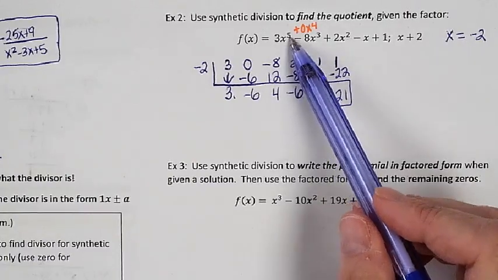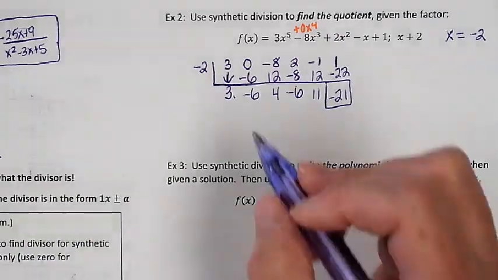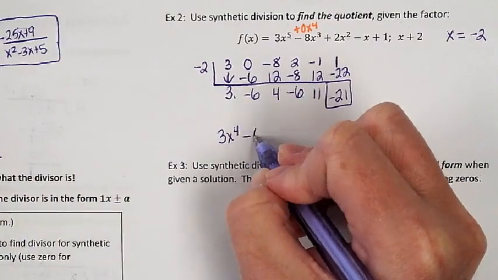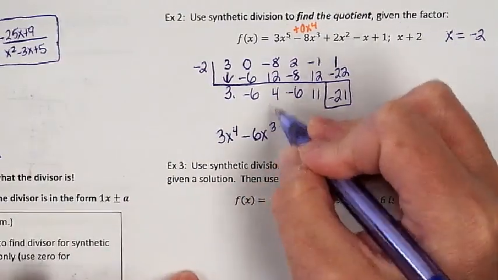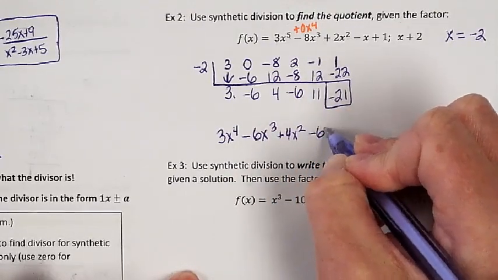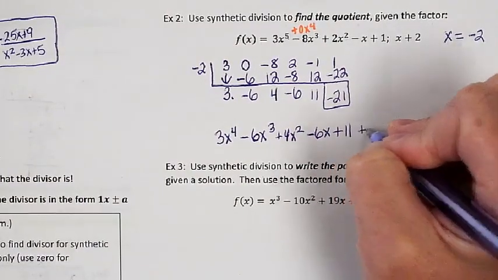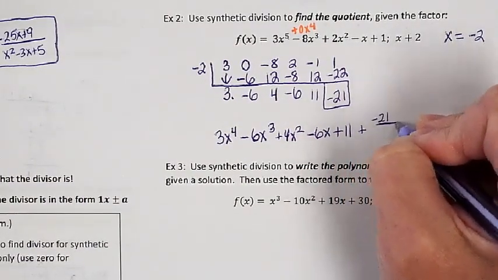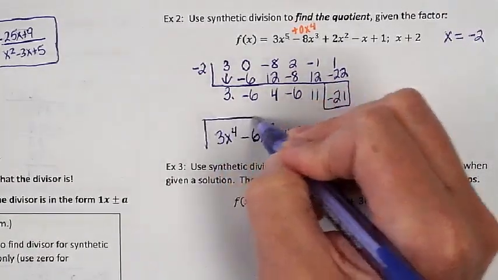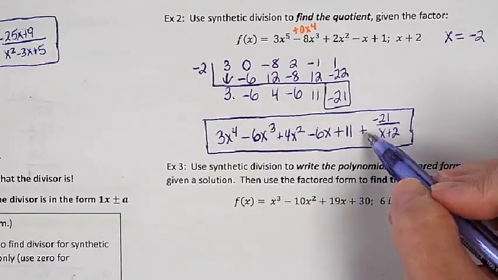So we have 3x to the 4th minus 6x cubed plus 4x squared minus 6x plus 11, and then plus negative 21 over x plus 2. For this one you could write it as minus 21 over x plus 2. That would work for this one.